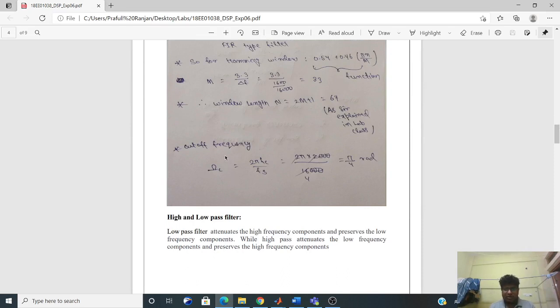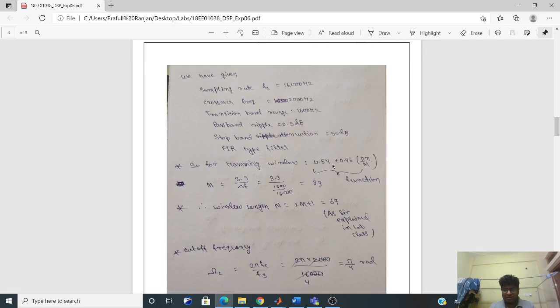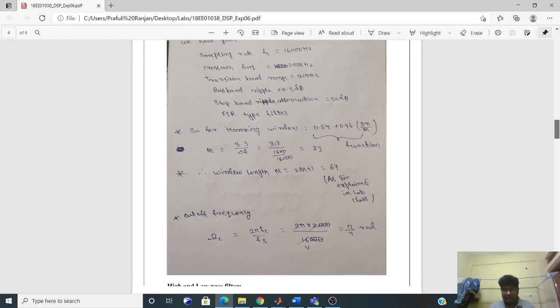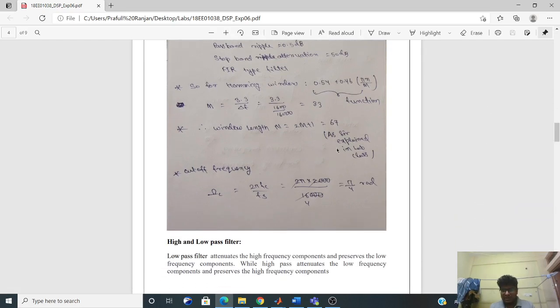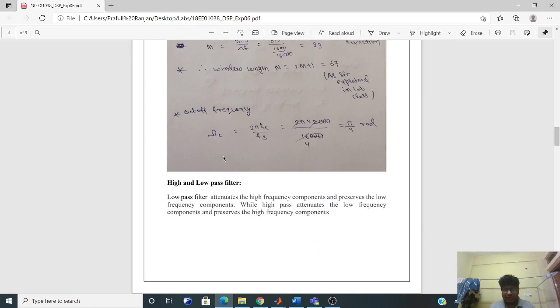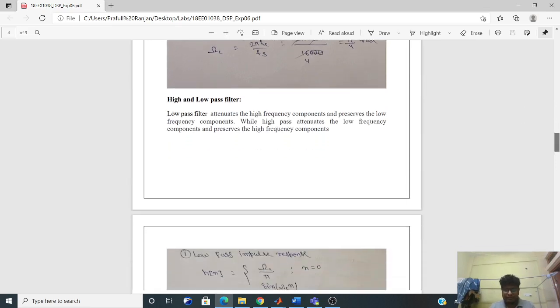First we have to write the Hamming window function, with this window length as per the explanation by sir, and this is the cutoff frequency which can be found as 2 pi fc divided by fs, which comes to pi by 4.